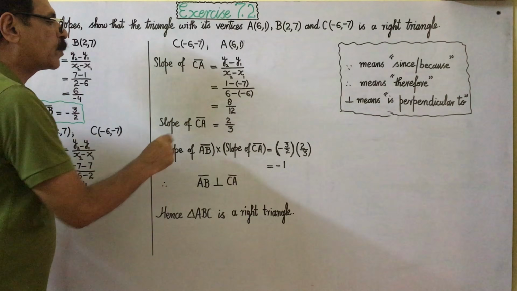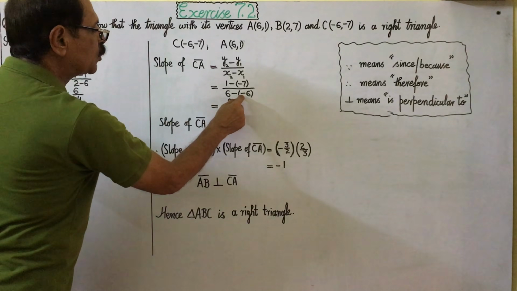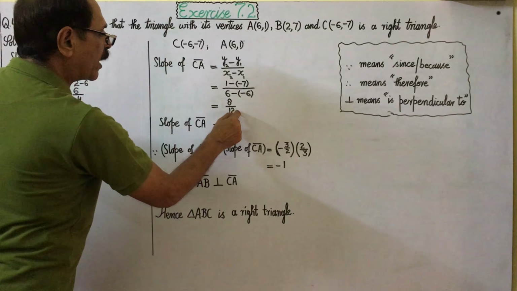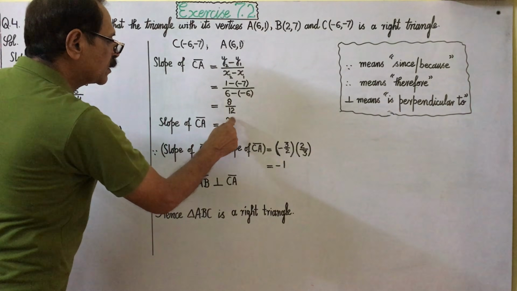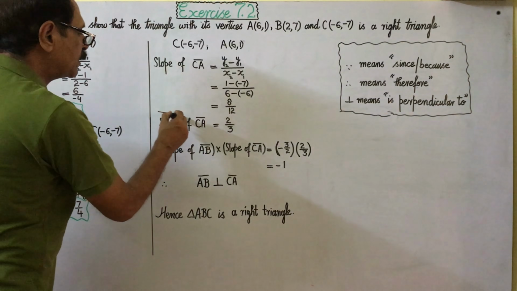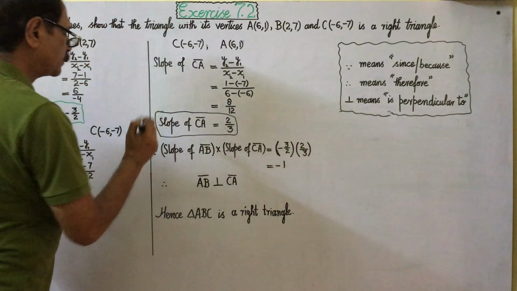Minus into minus is plus, 1 plus 7 is 8, 6 plus 6 is 12. 8 over 12, 4 2s are 8, 4 3s are 12. So slope of CA is 2 over 3.